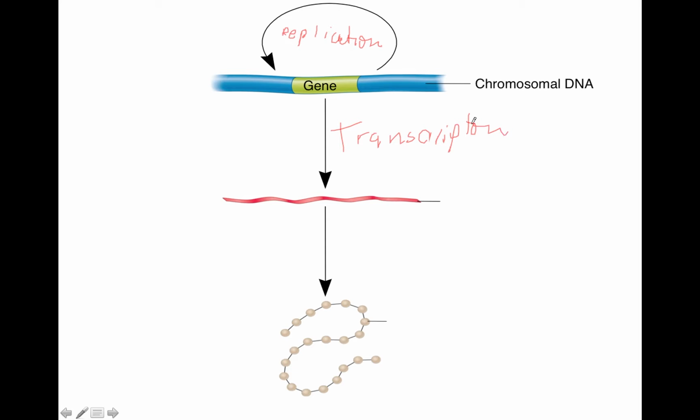Later on, in subsequent lectures, we're going to learn about the process of making a protein from RNA, and this process is called translation. Now, in order to keep these straight, it's sometimes easier to think of translation first and then remember that the other process is transcription. Translation is going from a nucleic acid to an amino acid.